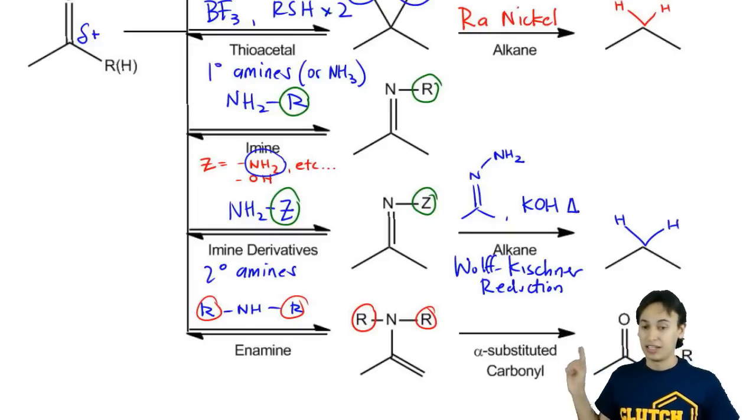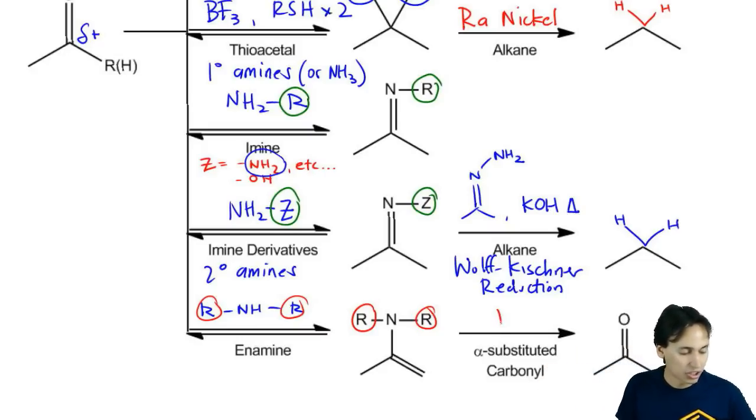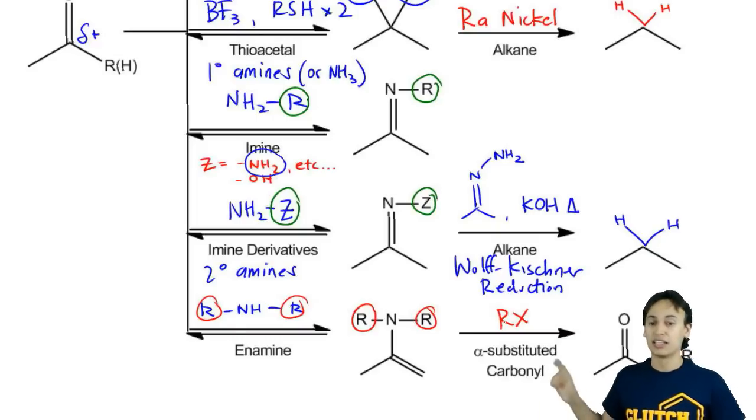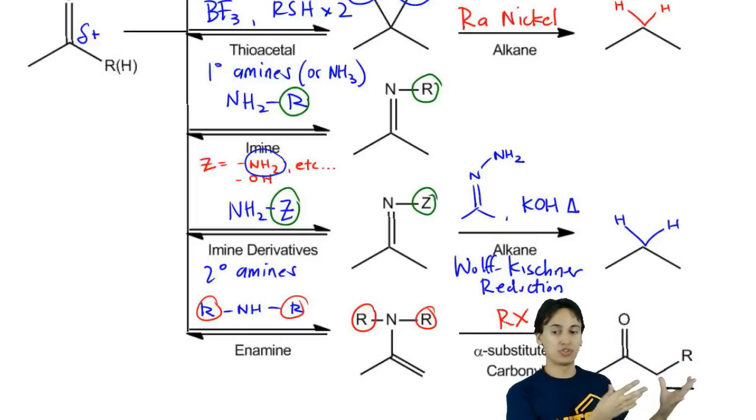And then finally, guys, this is kind of getting way ahead of ourselves, but it turns out that enamines, we're going to find out later, love to react with alkyl halides, okay? They love to react with alkyl halides to form what we call alpha substituted carbonyls.